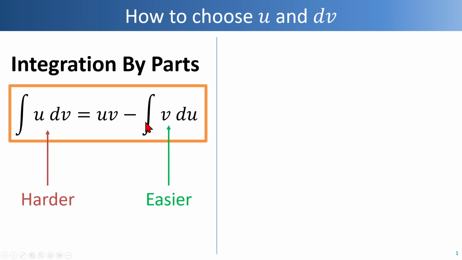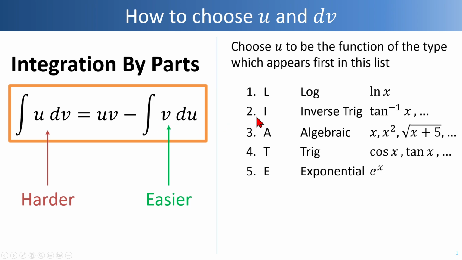To do integration by parts effectively, you need to be able to choose the function u correctly. And there are different ways of thinking about that. One way, a rule of thumb which often works, is to use this list. So the way this list works is you look at your integral and you find the first function type that appears in your integral that's on this list.